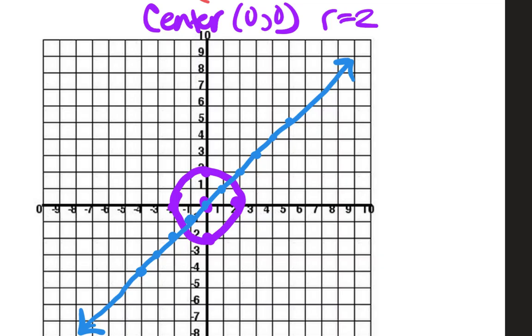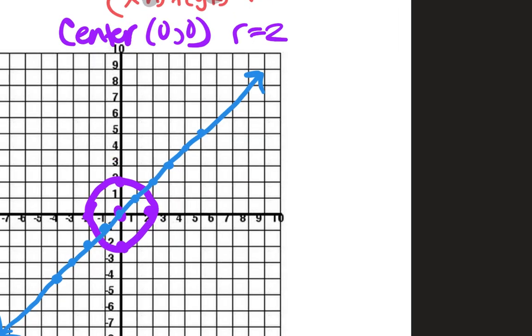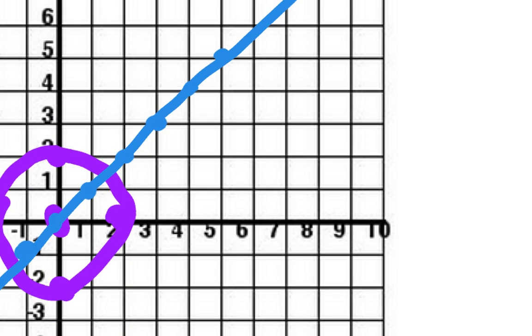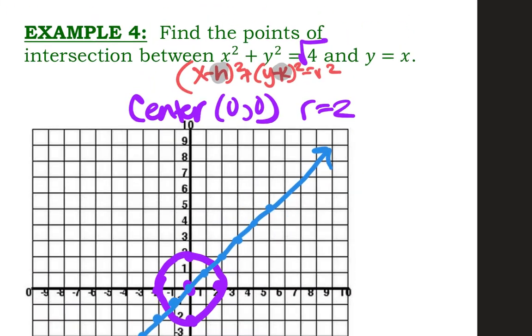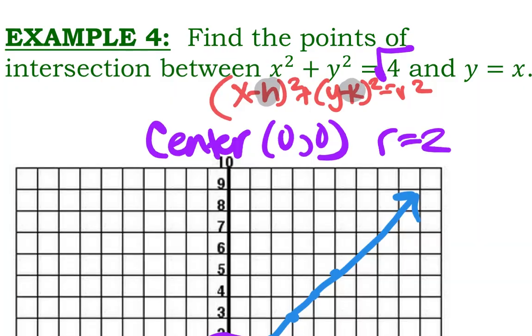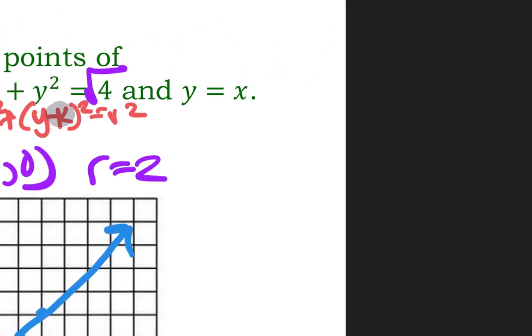Okay. The question is, find the points of intersection. So I want you to look at where it's hitting. Do we know exactly where those points are? No, right? It's in between. So the way to do this is we're going to substitute in. I'm going to do my work over here so that y'all can see it.